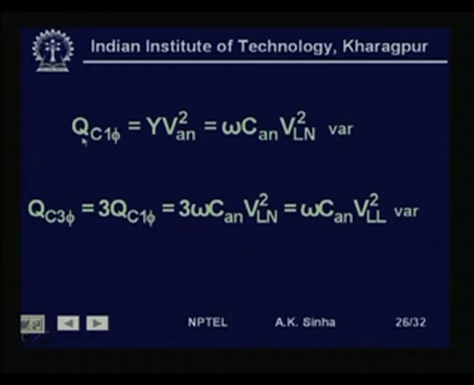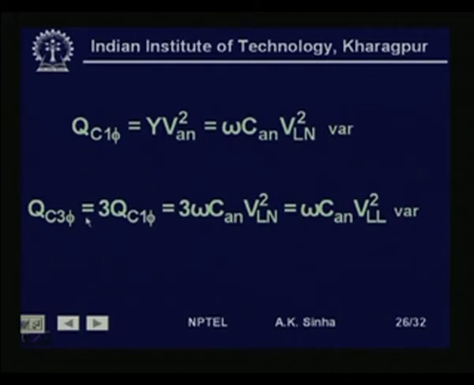So, for a single phase system, the charging reactive power supplied by the line is y into VAN square, which is equal to omega CAN into VLN square volt ampere reactive.